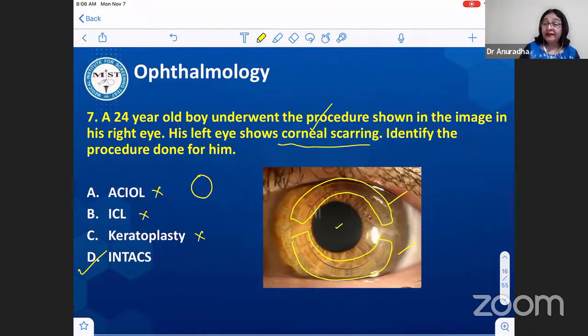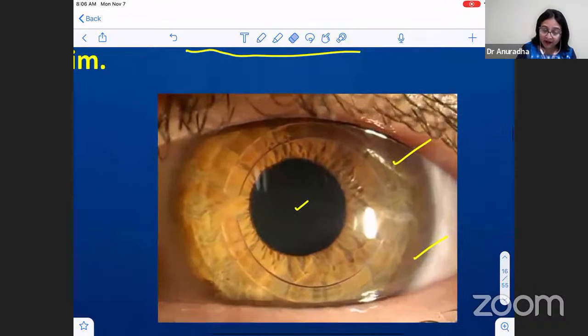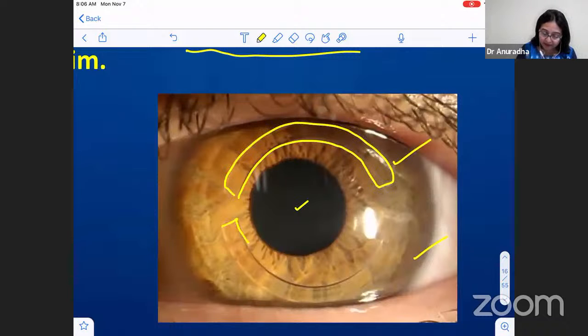This is a relatively newer question, because they can ask you in the treatment of keratoconus. They have been asking you about C3R procedures, and they can ask you about Intacs. So please have a careful look again at these intracorneal rings. They are one of the treatments for keratoconus.